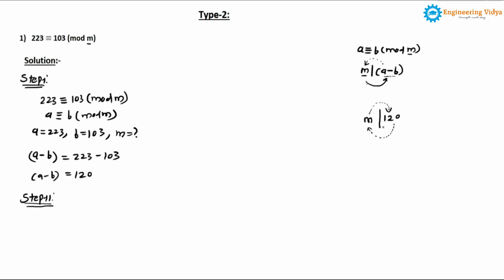Or we can say m will be a divisor of 120. So to estimate the value of m, we'll find all those values that can divide 120, and all those values will be considered as m. To calculate all those values that can divide 120, we will find the divisors of 120.